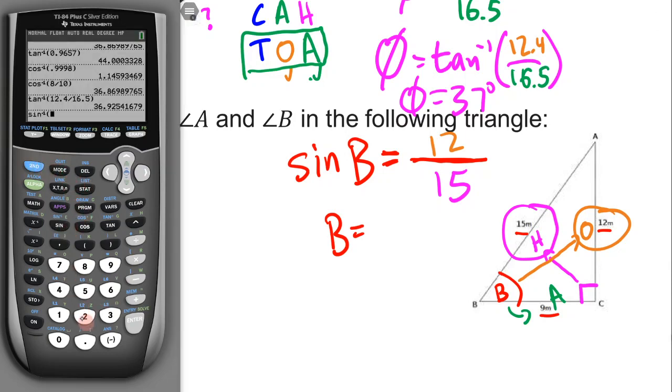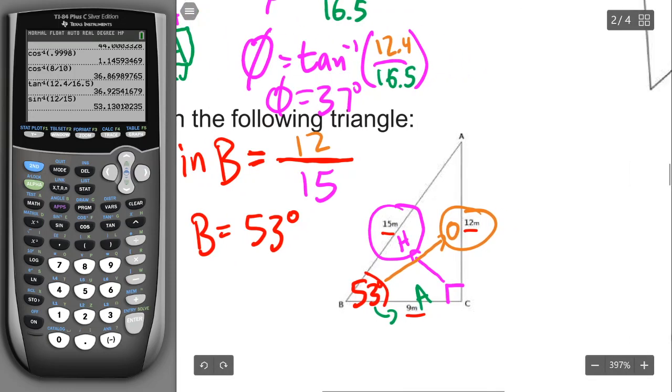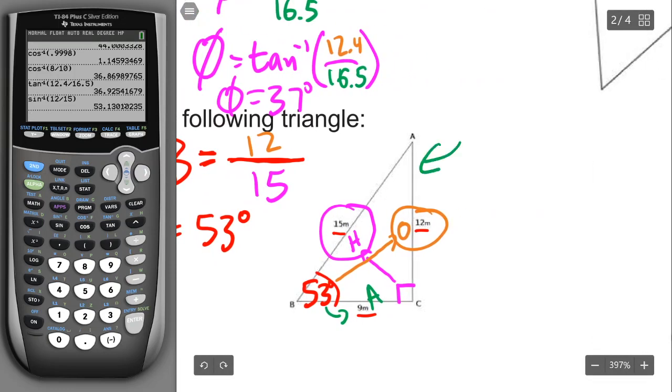So inverse sine, second sine, of 12 divided by 15 is 53 degrees, if I round correctly, right? Cut off the 1. So B is 53 degrees.